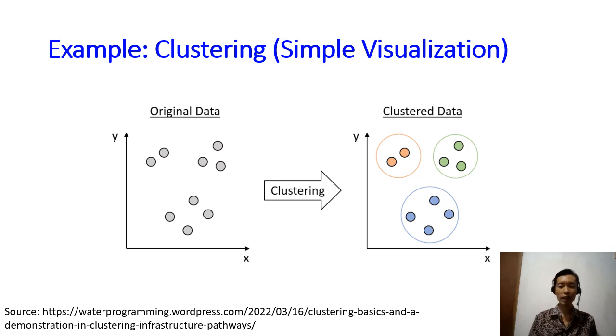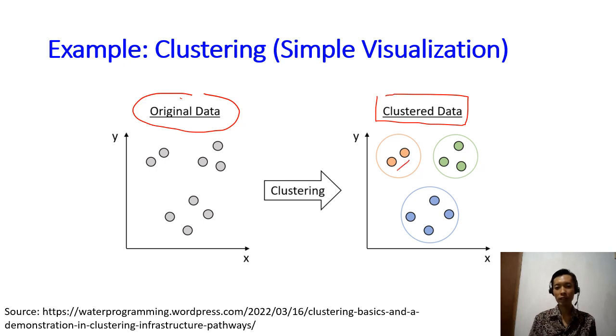To visualize clustering a little bit more, let's look at two-dimensional data. On the left here is the original data. Clustering means that we are going to group the data that we think are close or similar. For example, here is the result for the clusters.